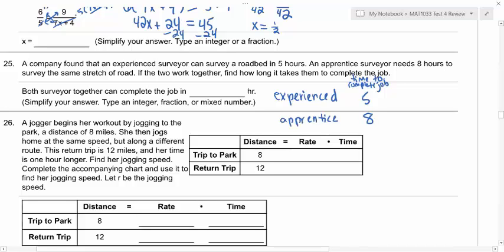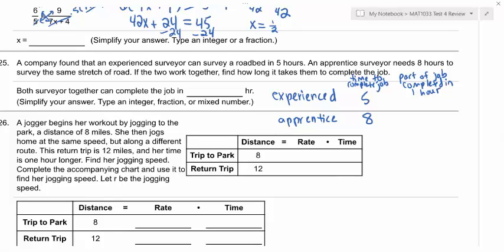If it's 5 hours to complete one job, then for the part of the job completed in 1 hour, you do the reciprocal. If you can do the job in 5 hours, in 1 hour you do 1/5 of the job. So to go from the first column to the second column, it's always the reciprocal.